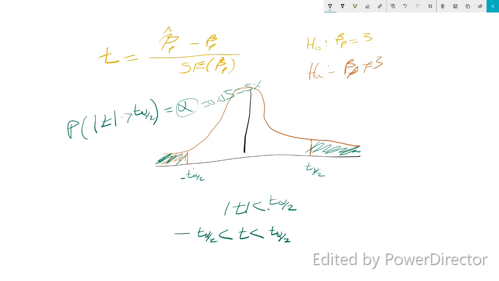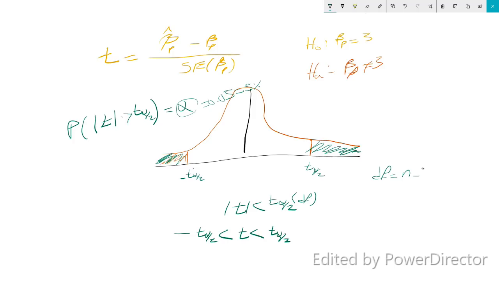Now how to find t alpha over 2 really depends on the data, and we're going to go through this right now in TSM. So t alpha over 2 depends on alpha. In our case, alpha is 0.05. And the other thing, this is known as a critical value, by the way. The other thing it depends on is the degrees of freedom. The degrees of freedom in this case is going to be n minus the number of parameters.